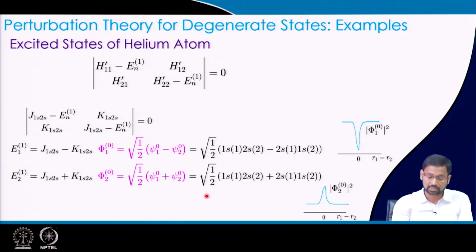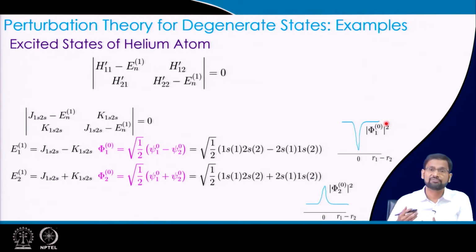In other words, corresponding to this wave function, if electron number 1 is present at a particular location, electron number 2 would have higher probability of being found at the same location. This situation goes by the name Fermi heap. That means there is a heap here, there is a hole over there.